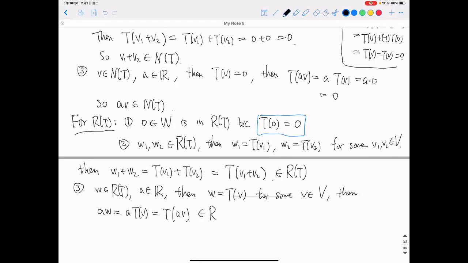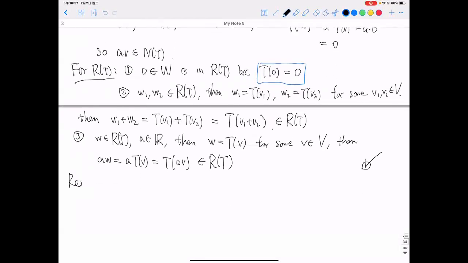This now belongs to the range. Anything of the form T of something belongs to the range. And so the three required properties for being a subspace hold for the range. Therefore, it's fine.